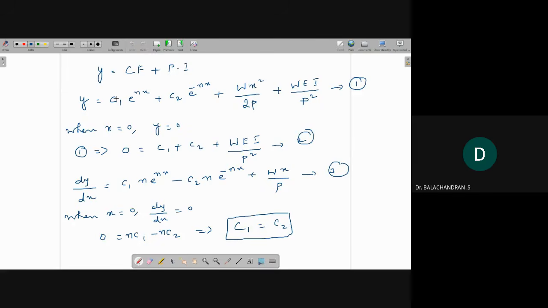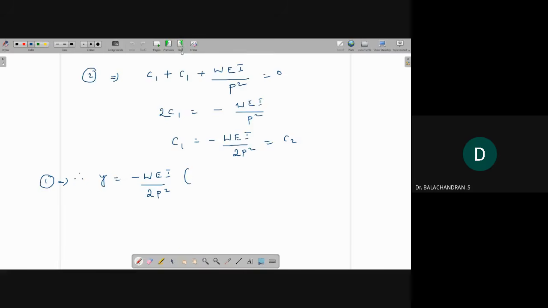So remaining you have e power nx plus e power minus nx. Plus, so please check it, W x square by 2P plus W EI by P square.